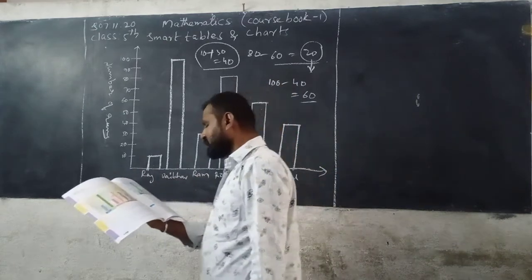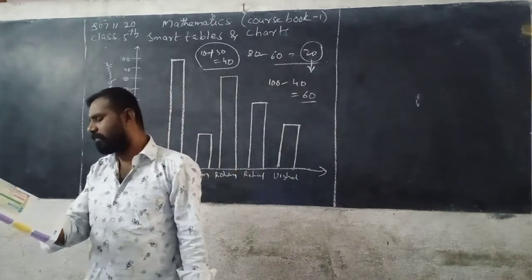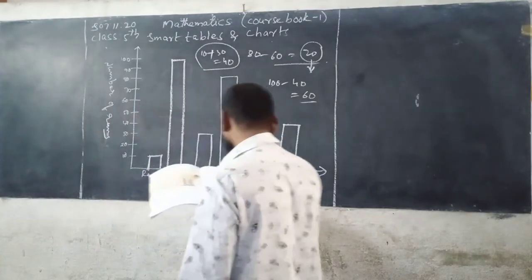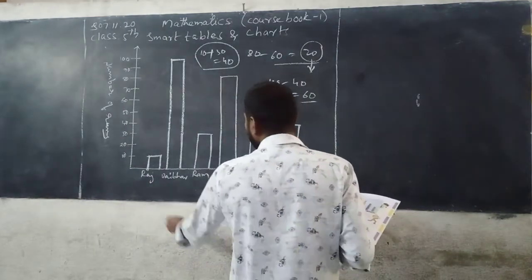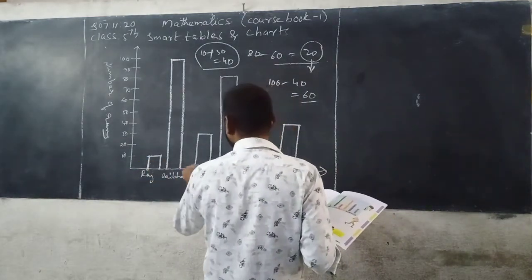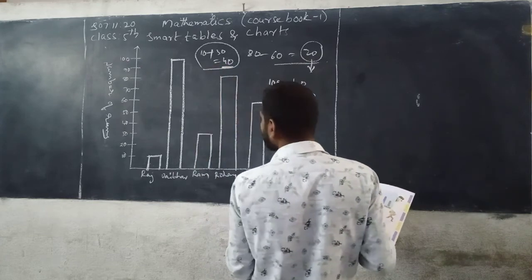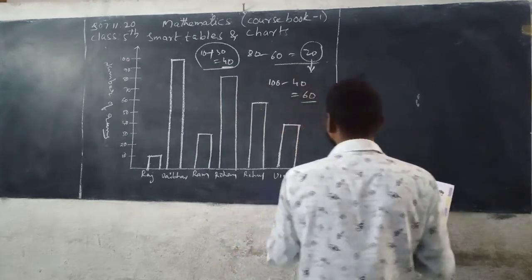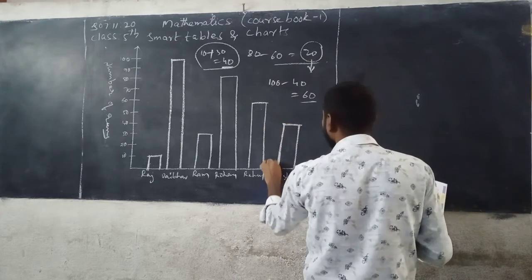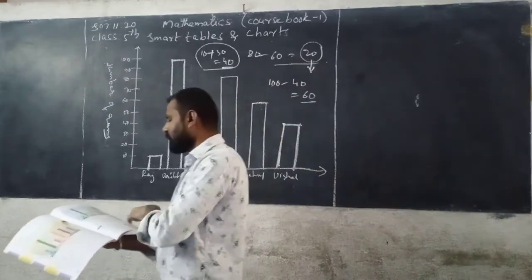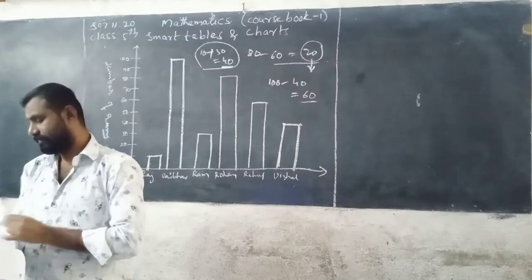Is anybody's score the same as the combined score of any other two players? This is equal to Vishal's score. So Raju and Ram score 40, and this 40 is equal to Vishal's score. So Vishal scored 40 runs.